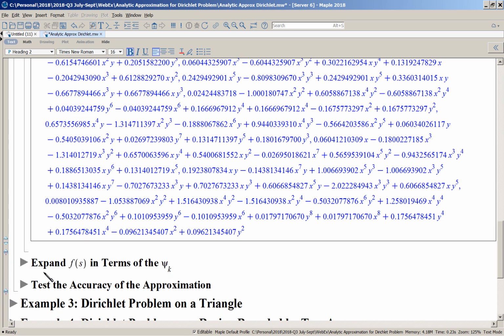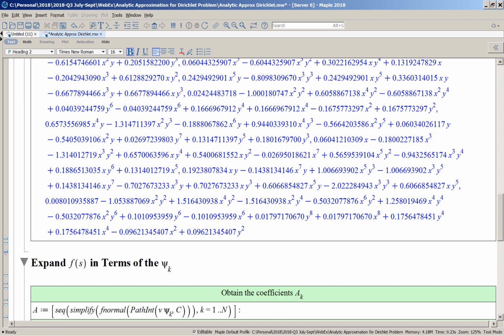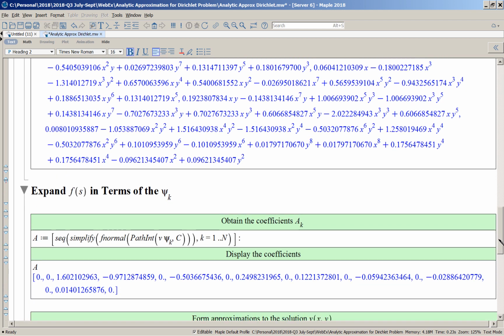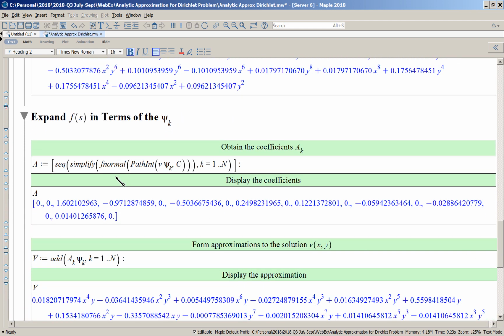Next step, expand the boundary function in terms of these psi k functions. So you need coefficients, and they can be obtained via the path int command, where you are integrating the exact function against the psi k's.